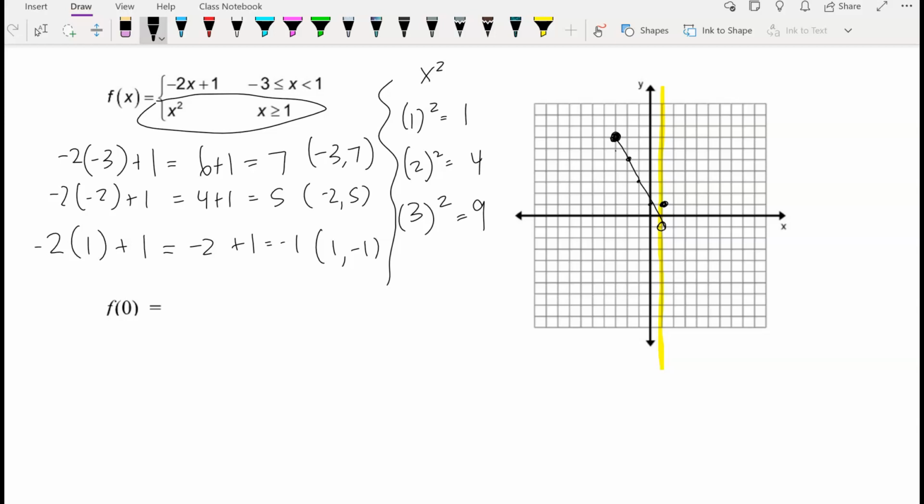And then at 2, 4, and then at 3, we're at 9. And then we just keep going towards infinity. It's kind of curved a little bit. It's hard to get that curve.